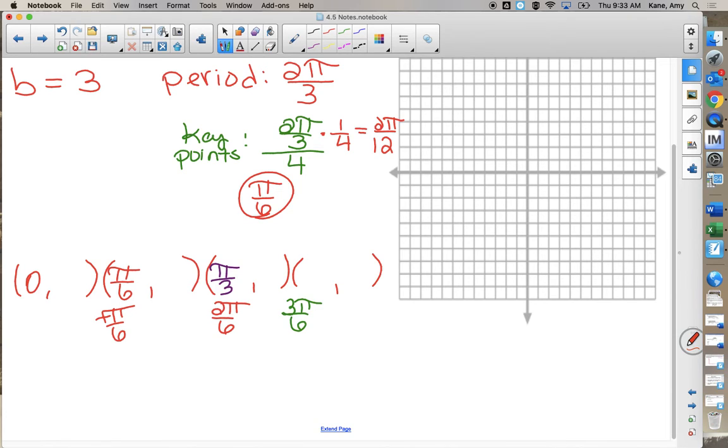Garrett, what is 3 pi over 6 reduced? Pi over 2. And then one more time, if I increase by pi over 6, I'd have 4 pi over 6. And that should be your last point, which matches the period of 2 pi over 3. Questions about getting the x?